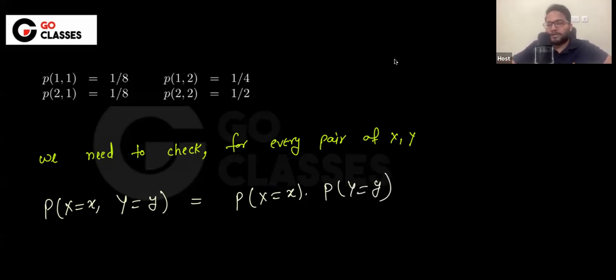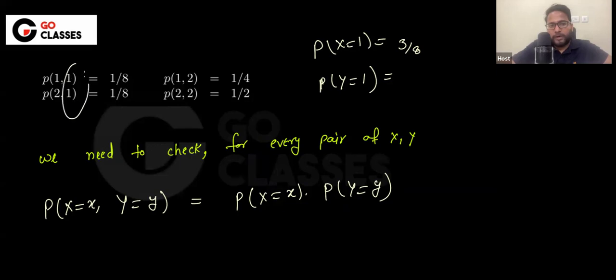Okay, for independence. So what is the probability of x being 1? You can sum over y's. So it will be 1 by 8 plus 1 by 4, which is 3 by 8. What is the probability of y being 1? Y being 1 means you need to add these, right?